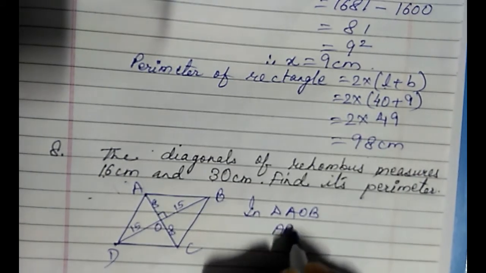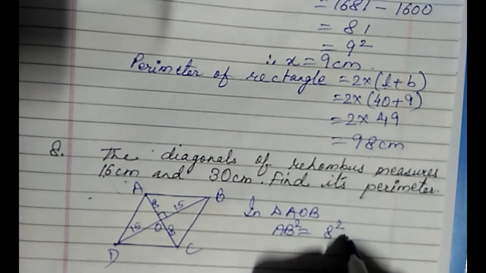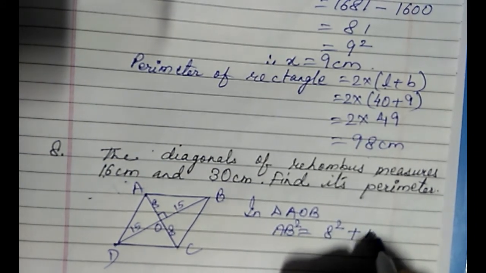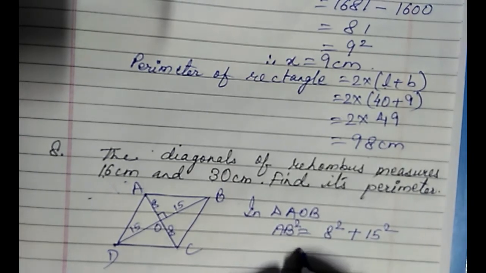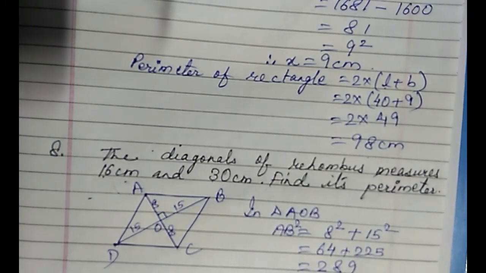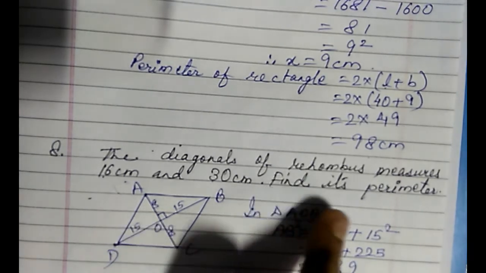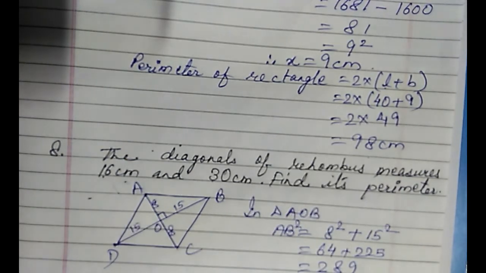Can we find out AB square, that is the hypotenuse? So hypotenuse will be equal to the sum of the squares of the sides. So 64 and 225, that will give me 289 and that is the square of 17. So one side, if I got it as 17 centimeter, in rhombus all the four sides are equal.